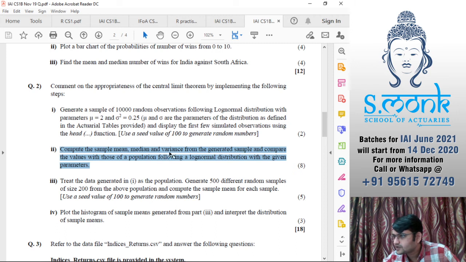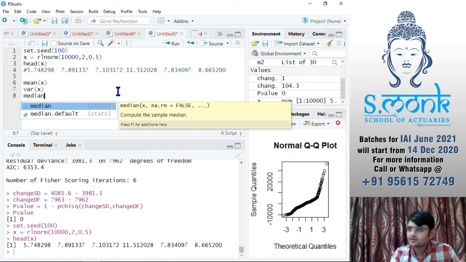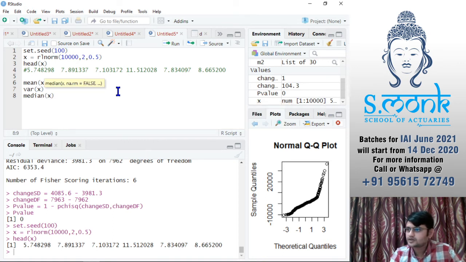Generate sample values: mean, median and variance, not mode. So we'll just have mean of the sample x, variance of the sample x, and median of sample x.